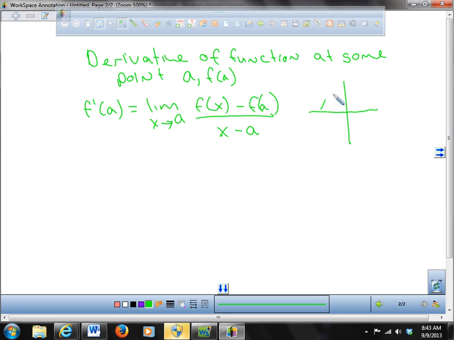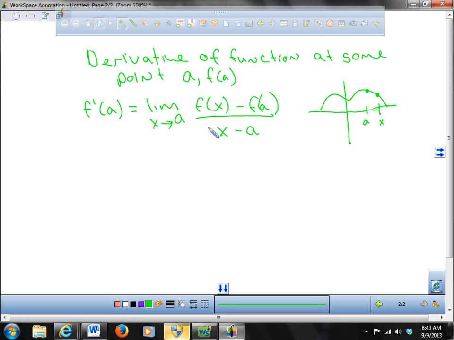So say I have some function which goes down, and it looks like this. So here is the point A. Here is x. We'll call this x. So x is a variable, okay? And what I want to do is find the slope of the tangent line exactly at A. So as x approaches A, do you understand that I approach the slope of the tangent line?